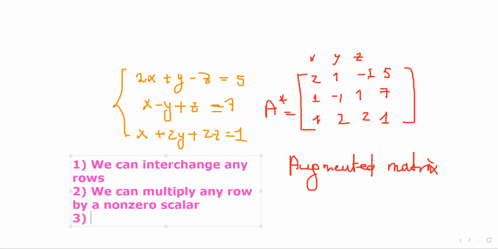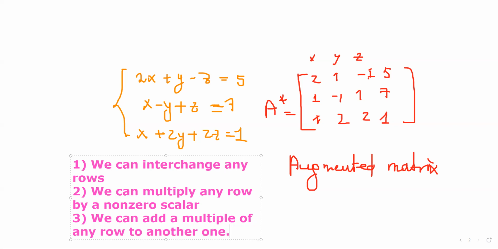The third case is that when we multiply an equation by a number, we can add it to another equation. Looking at this augmented matrix, when we multiply any row by a number, we can add it to the third one. So we can add a multiple of any row to another one. My suggestion is to learn these three operations, but do not mix them up with determinants. Determinants have similar properties, but in some cases things change.